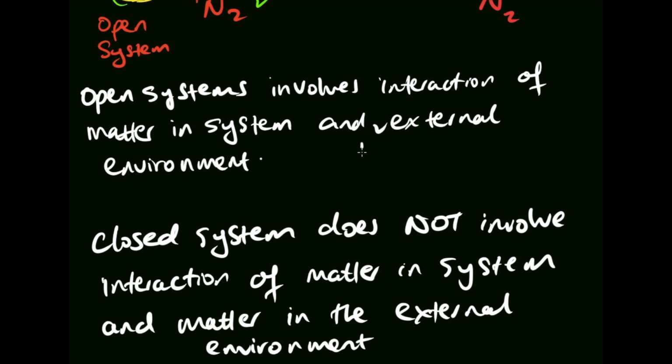This should be matter. So this should be: open systems involve interaction of matter in the system and also matter in the external environment, whereas closed system does not involve interaction of the matter in this system or closed system and matter in the external environment.